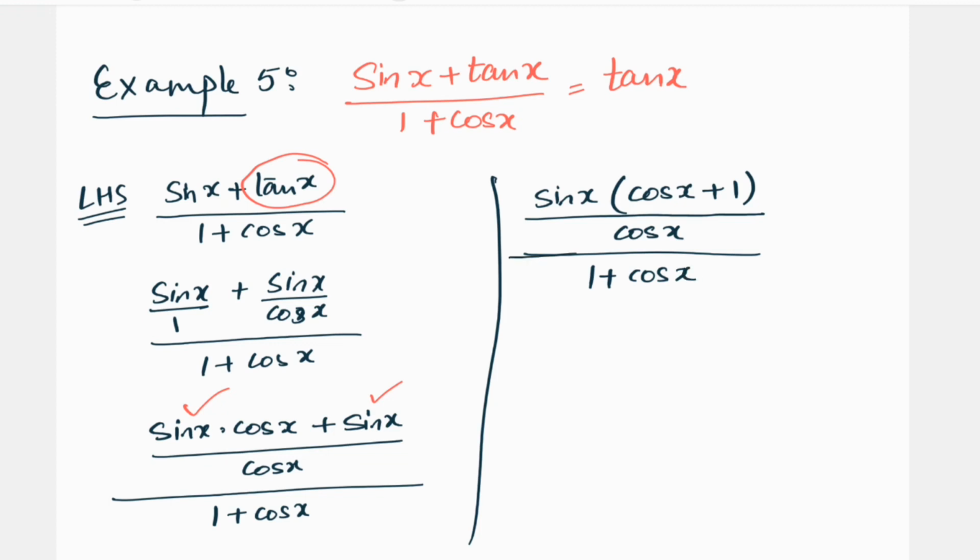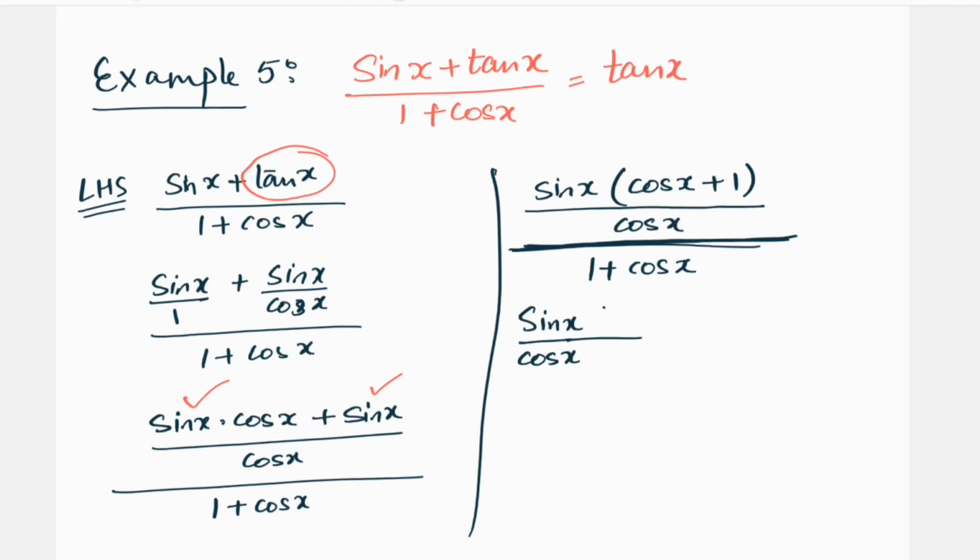All right, so now let's divide it into two fractions. Write it in the division form just to simplify it easier. So we will have sine x over cos x, and on the numerator we have cos x plus 1 divided by 1 plus cos x.